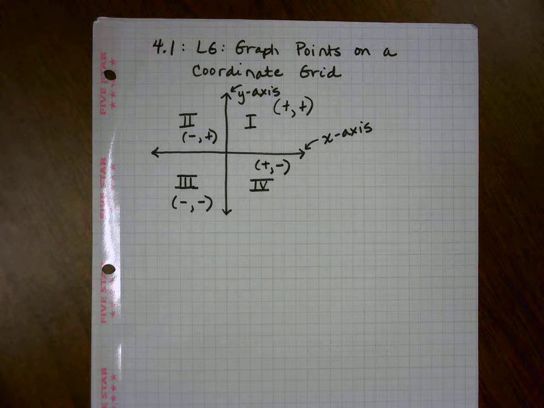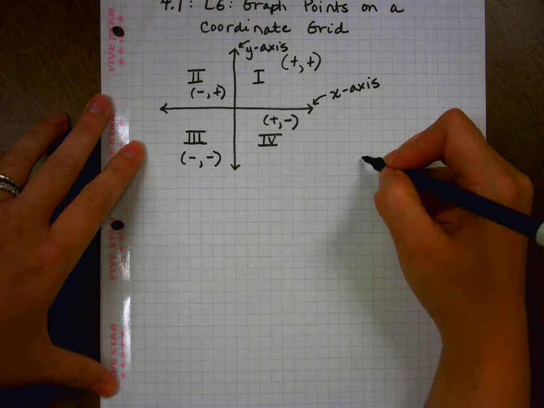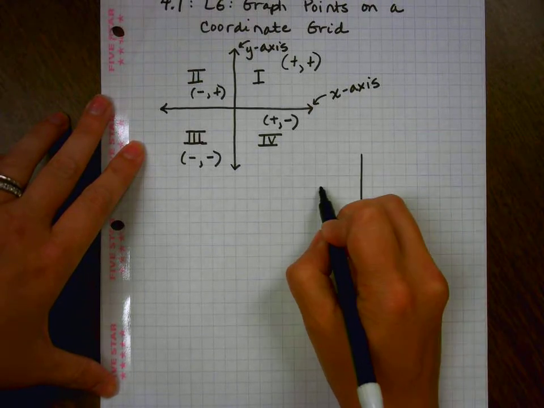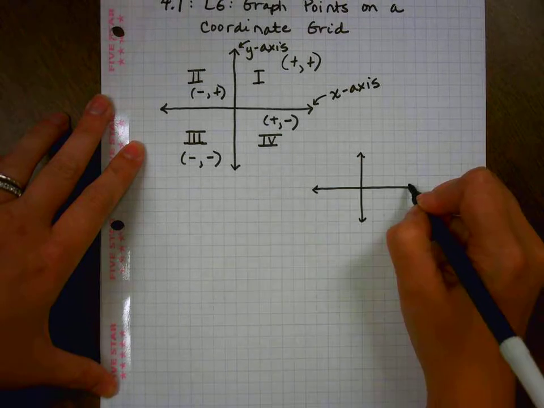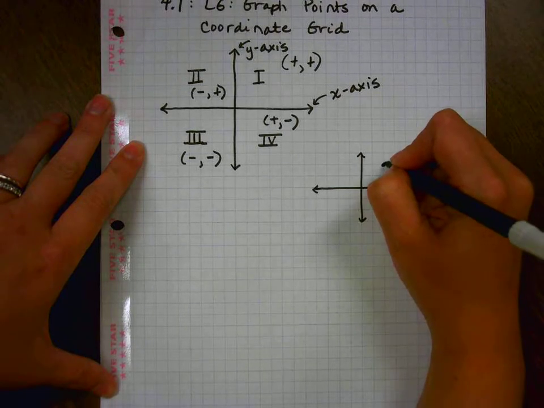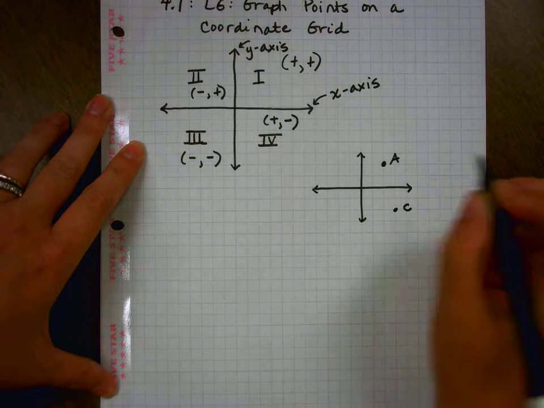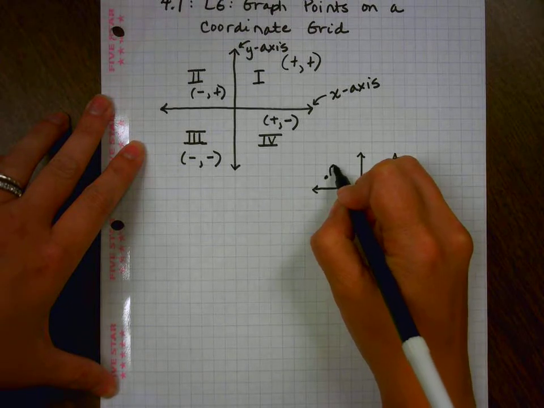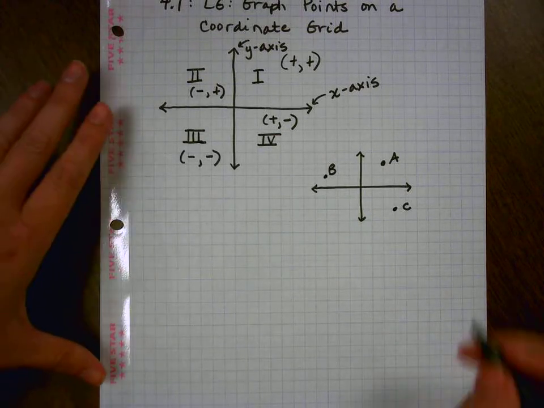Okay, also in this section, it's going to ask you to be able to name a coordinate point. So if I'm looking at a graph like this, and I put some random points on here. Let's make this point A, make this point C, point B. Can you name those points?